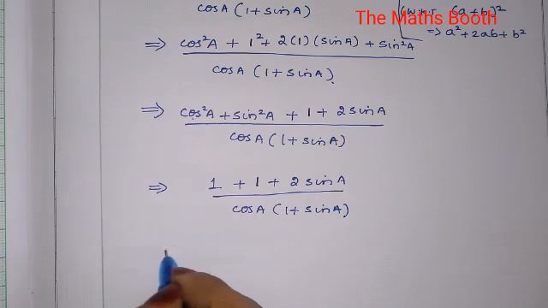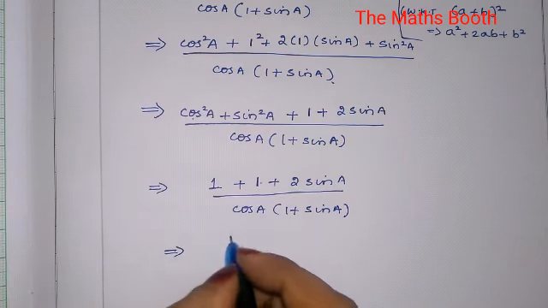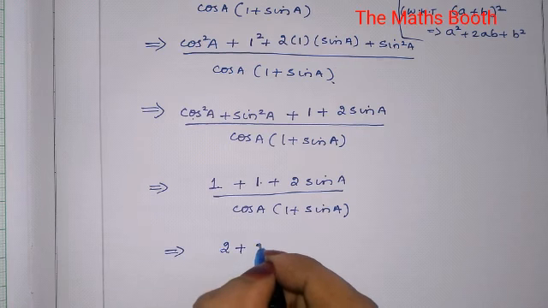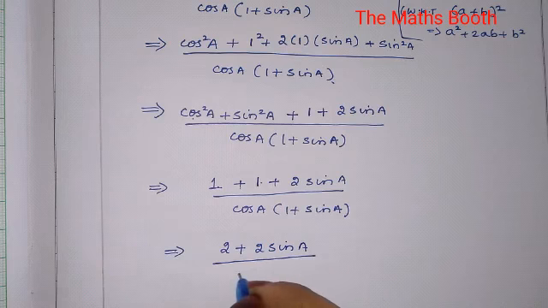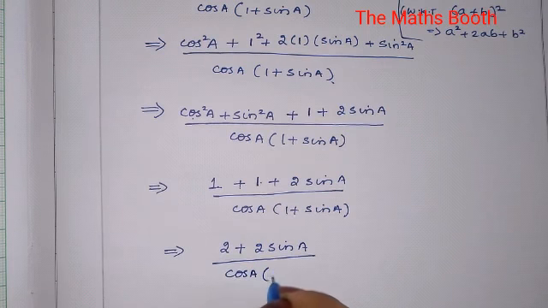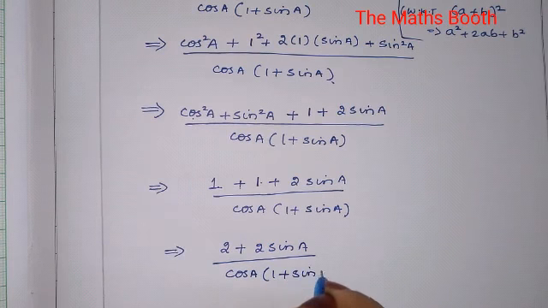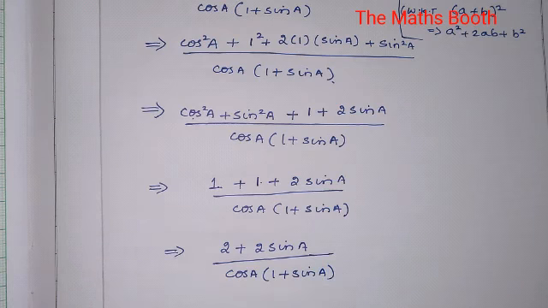So based on that we have to solve. 1 plus 1 is 2. 2 into 2 sin A upon cos A into 1 plus sin A. I didn't change the denominator anything, as it is we have kept.